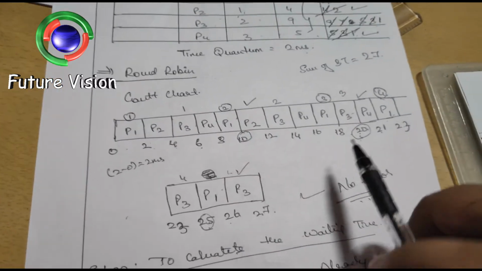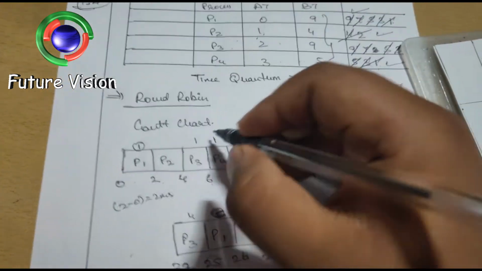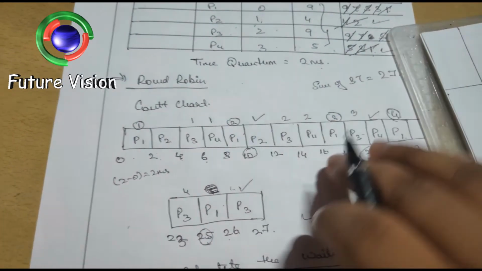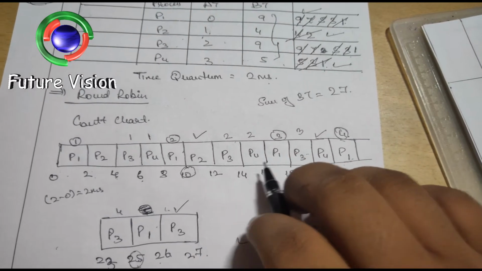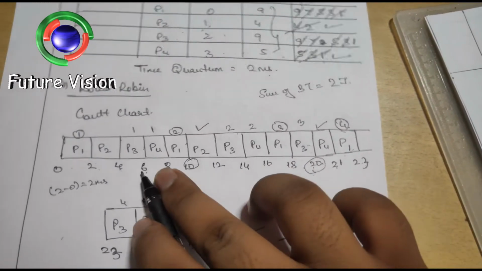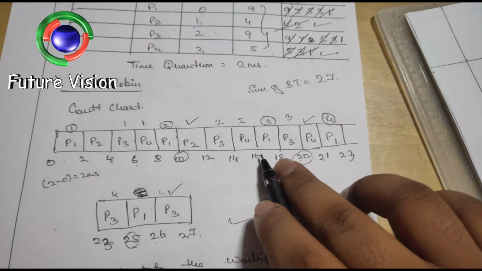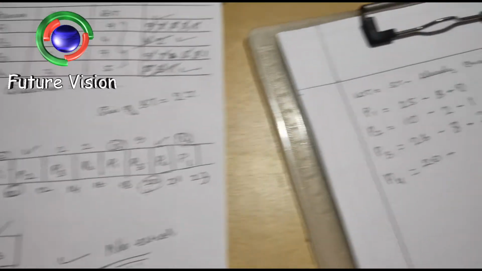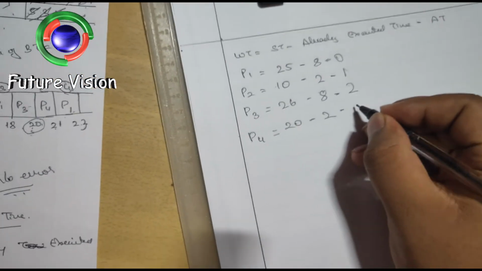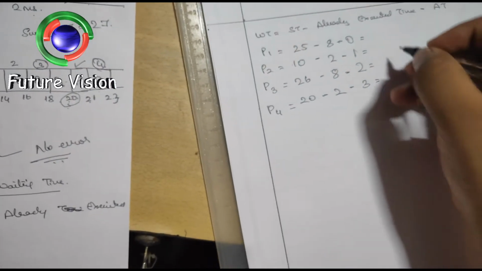Can we find the number of times P4 occurs here? P4 is 1, P4 is 2, that's it, right? So P4 has 2 occurrences, which usually take 2 milliseconds, so I write 2 minus the arrival time, which is 3. Simply calculate it.